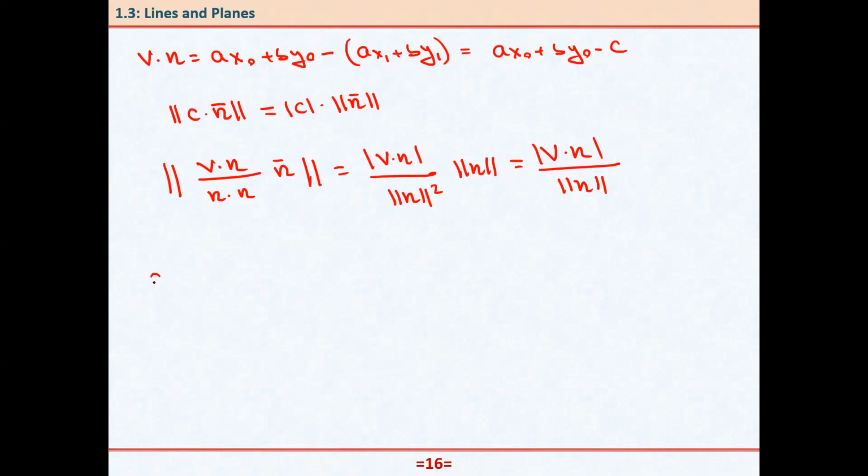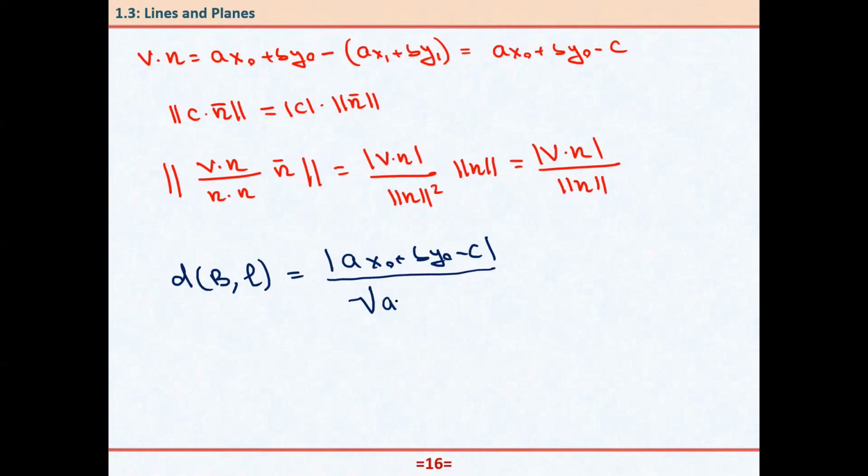So now I can write the final answer here. Then the distance from a point B to the line L is equal to, what is it? The absolute value of V dot N, which is equal to A x sub 0 plus B y sub 0 minus C, over the norm of N. The norm of N is equal to the square root of A squared plus B squared.